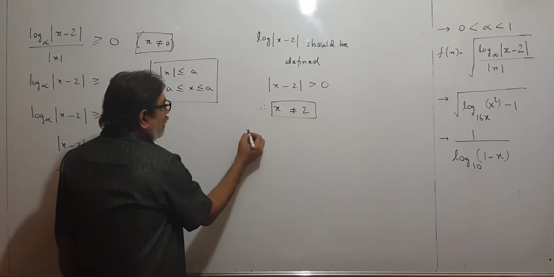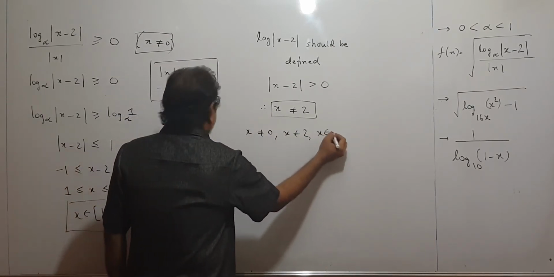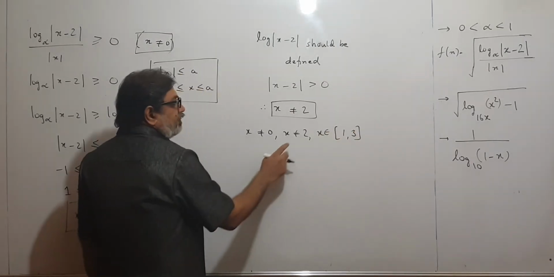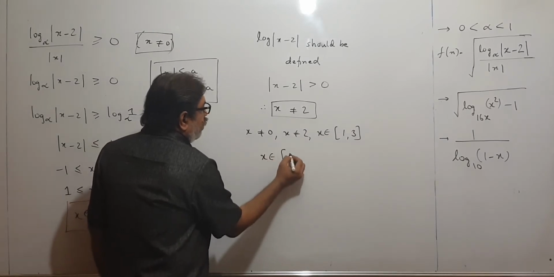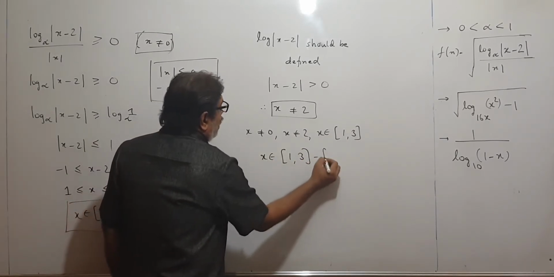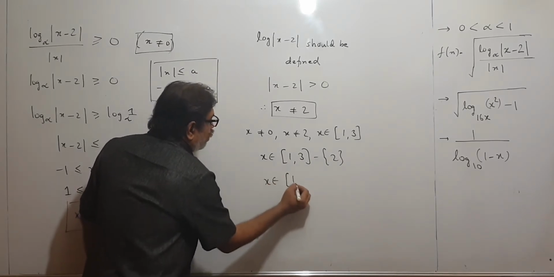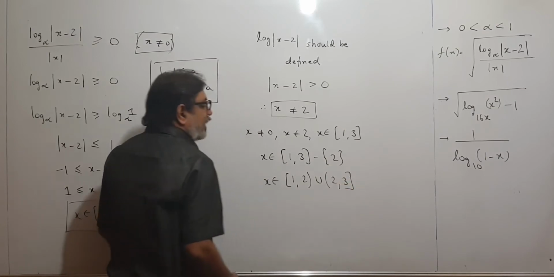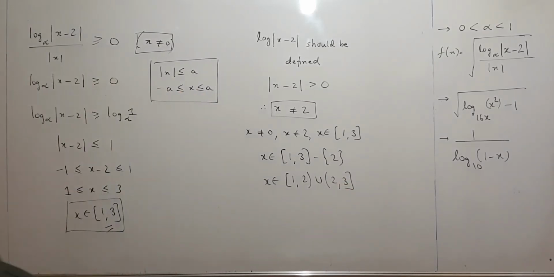So we write here: x is not 0, x is not 2, so x belongs to 1, 3. Taking the intersection of all these, 2 will be removed. So we should write x belongs to 1, 3 minus the element 2. Or you can write x belongs to 1, 2 union 2, 3. You can write like this. Please pause and copy, children.